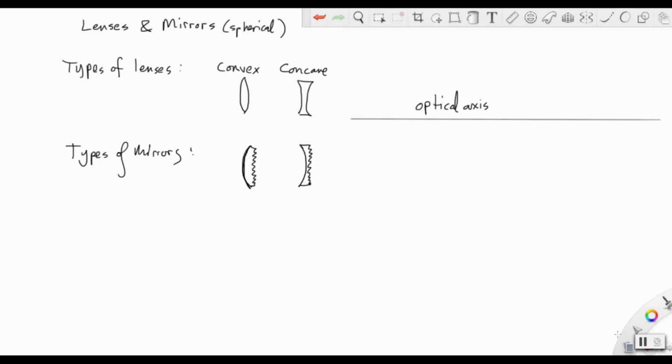So let's go ahead and draw a lens. I'm going to choose to draw the convex lens, which we also call a positive lens, for reasons that will soon become clear. And I will not be drawing right now a concave lens, which we call a negative lens.